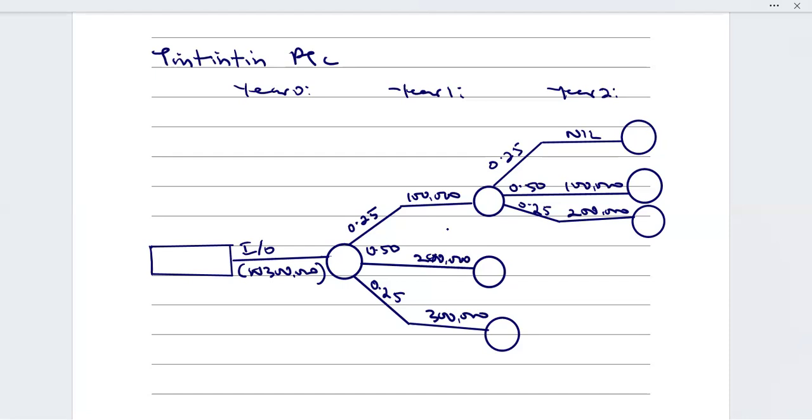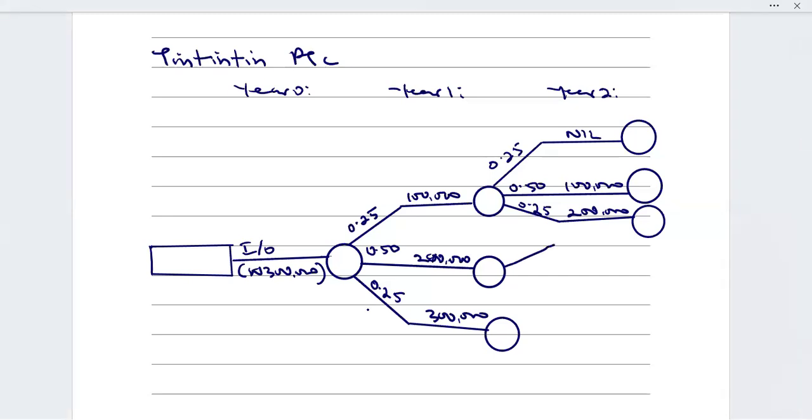Okay then. So let's move on. If cash flow in year one is 200,000, there's a probability of 0.25 that cash flow in year two will be 100,000. So here is a cash flow of 200,000.